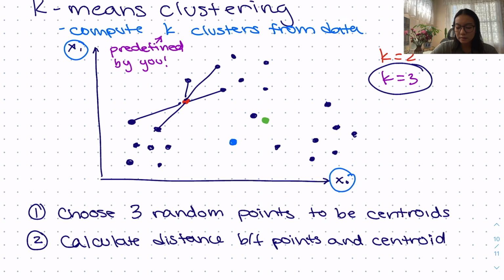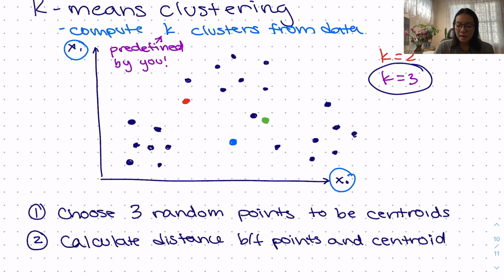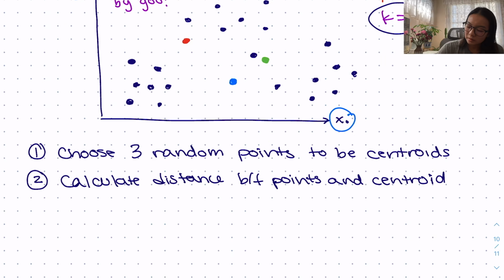All of these distances I'm computing are between the points and the centroids, not between the centroids themselves. So I'm computing the distances for all of these points to each of the centroids. Okay? And that comes with also assigning those points to the closest centroid.